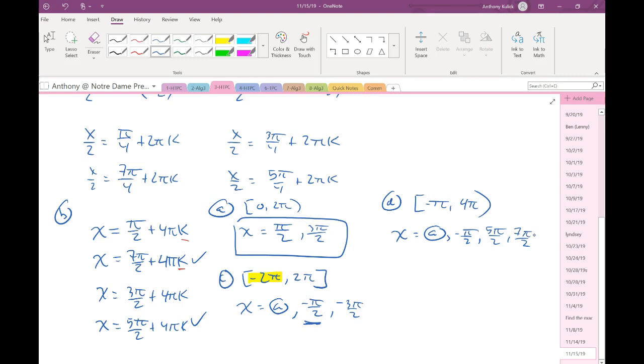But if that doesn't work either, I'm done, right? So I'm just asking, did that work? Yes. Then I have to check before it and after it. If it didn't work, I just need to check whichever way I need to go. If it was too big, I need to check something smaller. If it was too small, I need to check something bigger. But usually I just start with k equals 0.